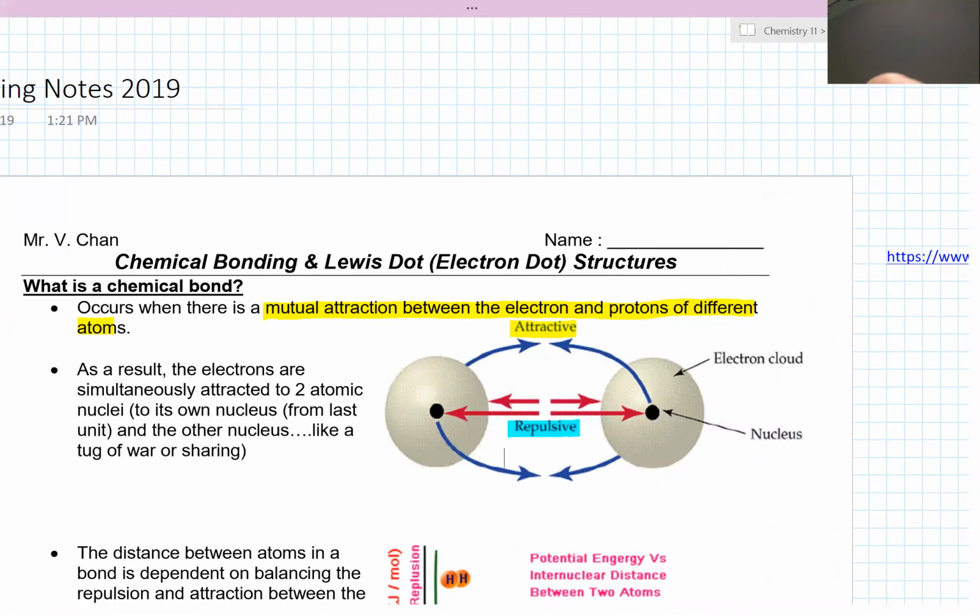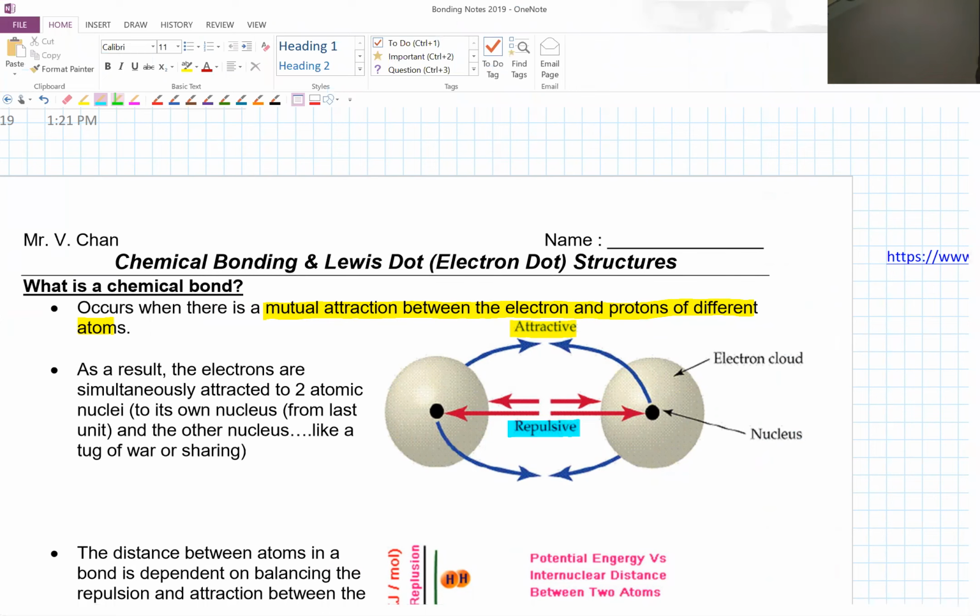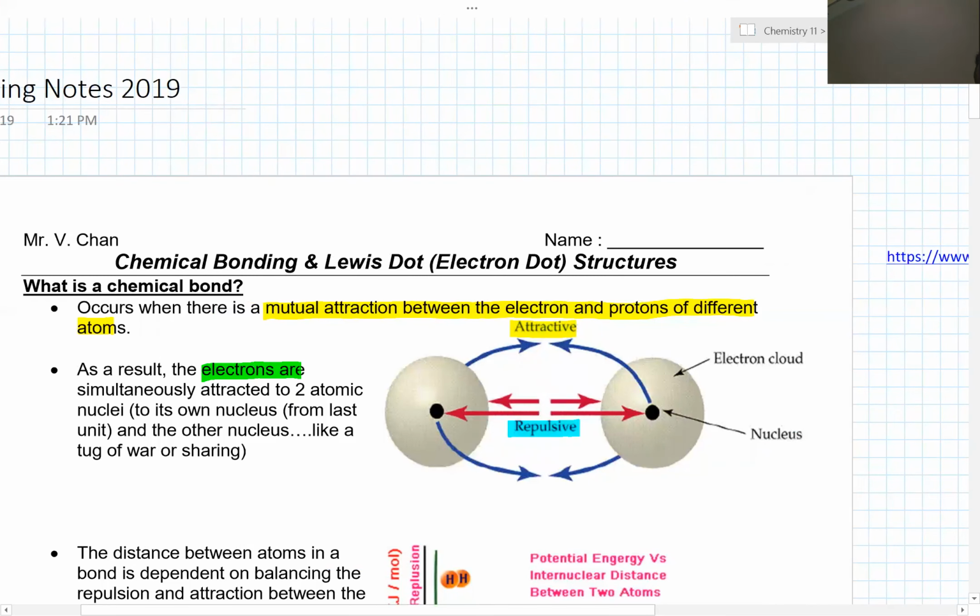So what happens is this. If we read here on the side, it says the electrons are simultaneously attracted to two nuclei, and you almost have a tug of war.